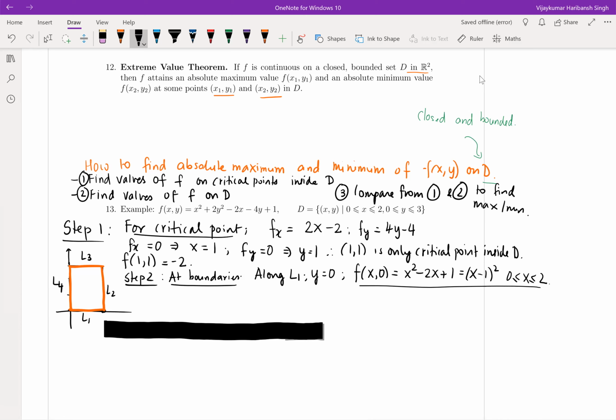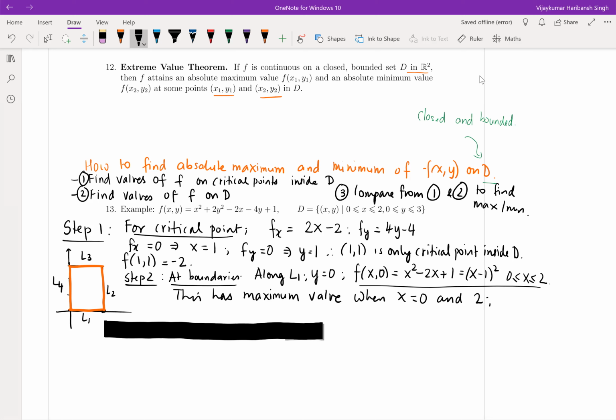So either we do calculus of one variable on this function, or, since the function turns out to be very nice and straightforward, we can clearly see that it has maximum value when x equals 0 and 2.